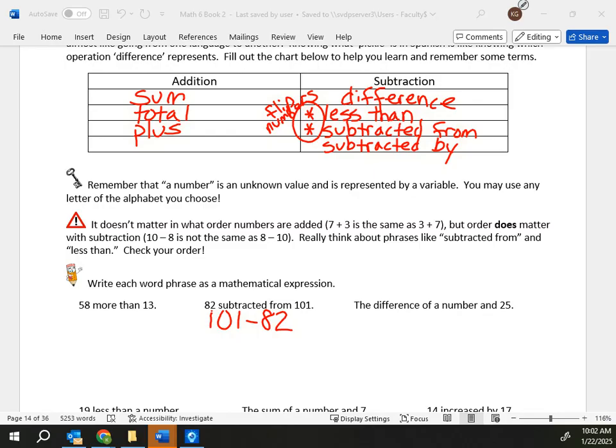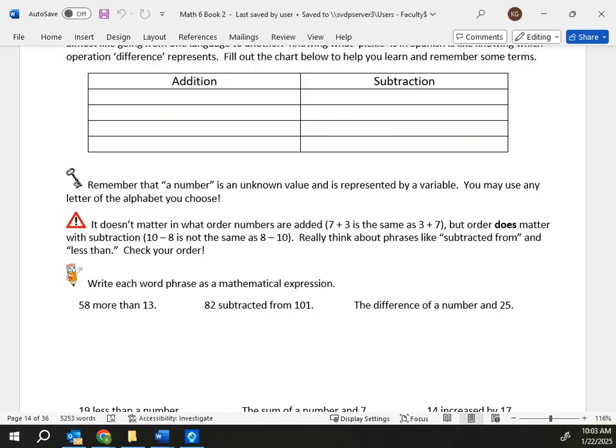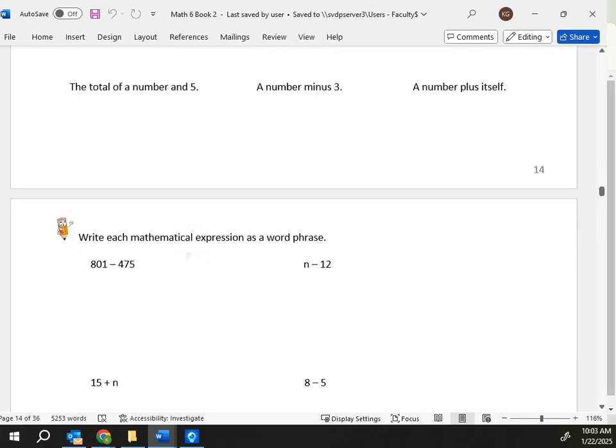So you want this table on your help sheet, making sure we're starring the two that we need to remember to flip the numbers. Making sure that you put addition and subtraction at the top so you know what those words are telling us to do.